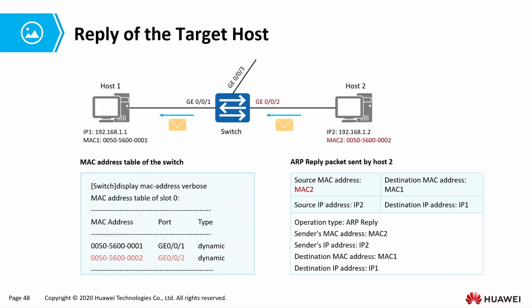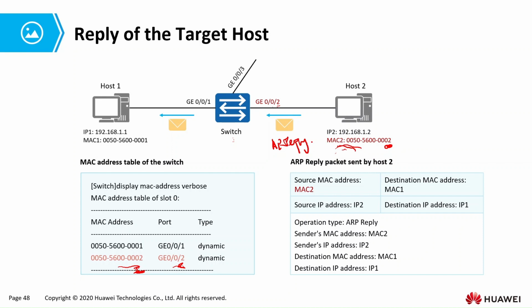Okay, after that, once host 2 has received it, it sends the ARP reply message. The switch receives the packet and starts to learn now. For G002, the source MAC address is MAC address 2. So it records it as G002.